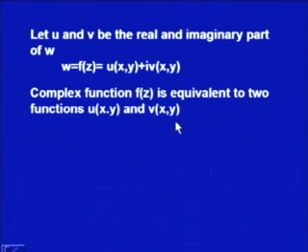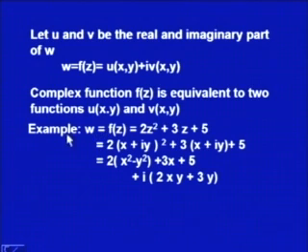So in this sense complex function f(z) is equivalent to two functions u of x and y and v of x and y. For example, we write w as a function f(z) which is defined as 2z square plus 3z plus 5. So if I write z is equal to x plus iy, then it is 2 multiplied by (x plus iy) square plus 3 (x plus iy) plus 5.